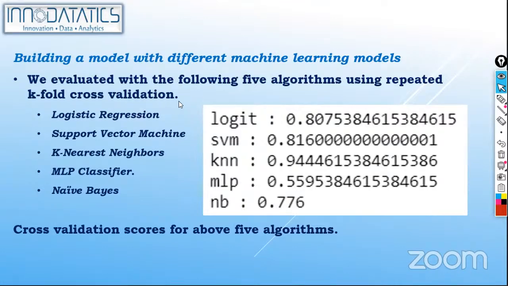Stacking is a very good algorithm which helps you use multiple classification machine learning models. Along with k-fold cross validation techniques, we have logistic regression, SVMs, KNNs, MLP (multi-layer perceptron), and naive Bayes. All these different classification algorithms have been used as part of your stacking ensemble algorithm.